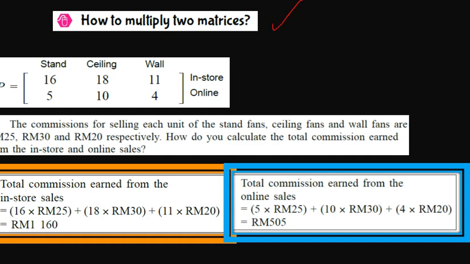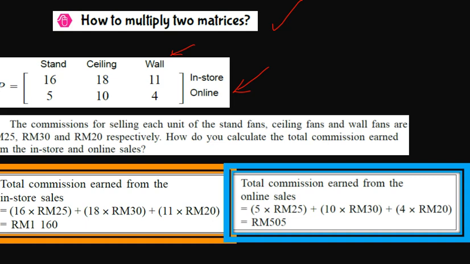Okay, how to multiply two matrices. Before that, let's see first, in a normal calculation, if it's not in matrix form, it's like this. Let's say you have this information about the fans: stand, ceiling, and wall.